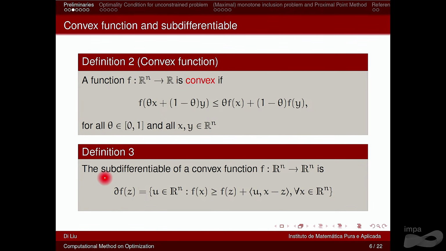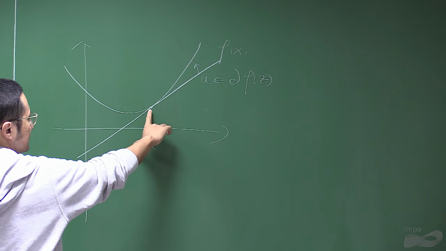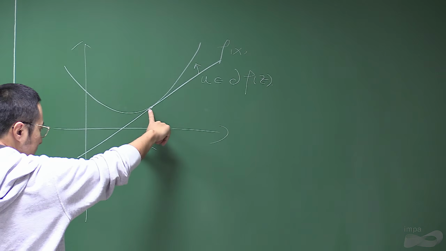Actually, this set may not be a singleton. For example, here the function is smooth at point z. Okay, it's differentiable at point z.